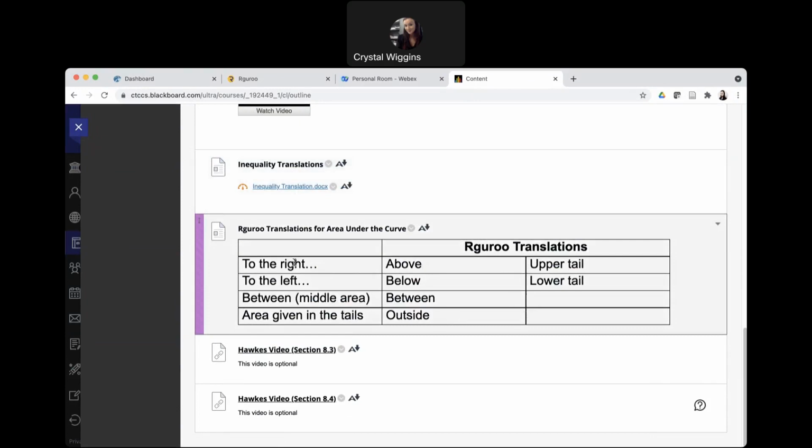So when we see to the right, we'll be selecting above or upper tail. It depends on whether we're finding a value or finding an area. To the left, we'll be selecting either below or lower tail. If we are given an area in between, in the middle, then we'll be selecting between, and if the area is given in both tails, not just one, it will be an outside problem.